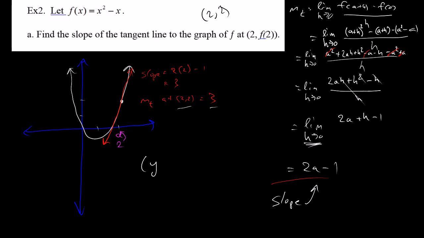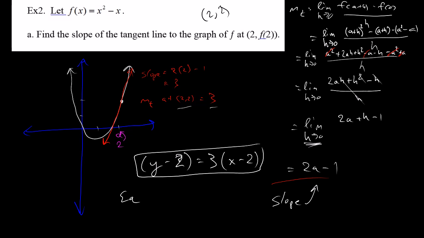So if we do y minus y1, which is 2, is equal to our slope times x minus x1, which is 2, we have found the equation of a tangent line at 2 comma 2. And that's about all we're doing.